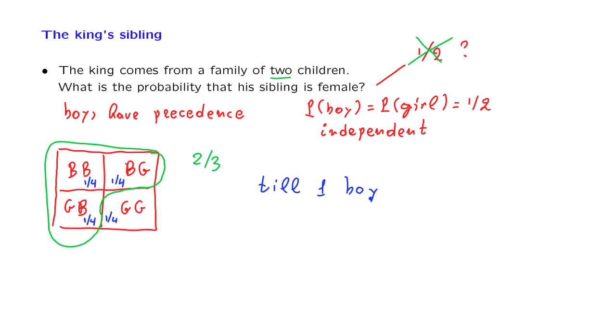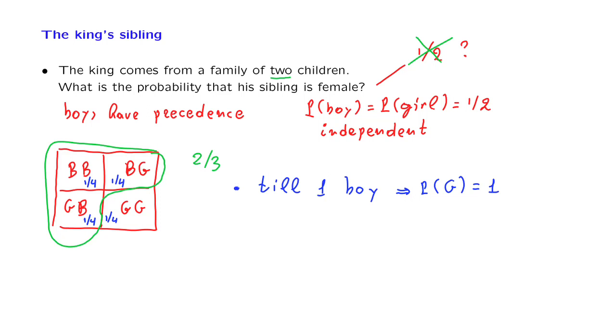What does this tell us? Well, since they had two children, this tells us that the first child was a girl. So in this case, the probability that the king's sibling is a girl is equal to 1.